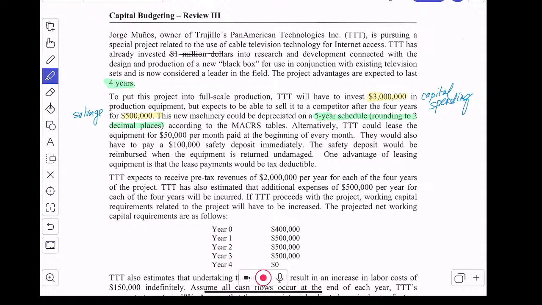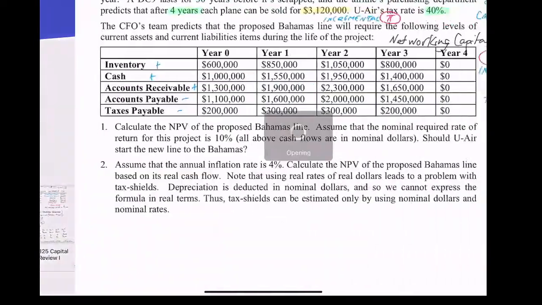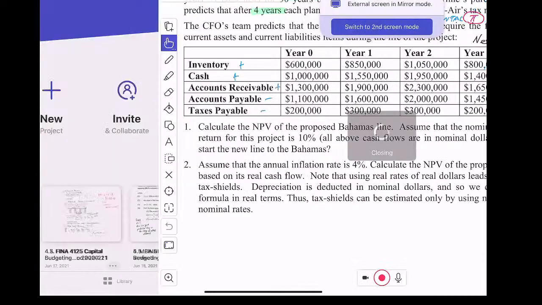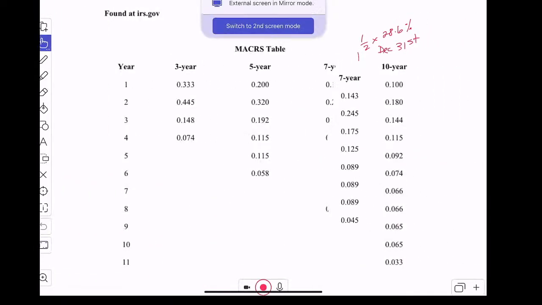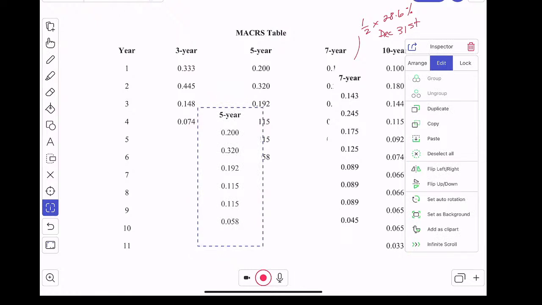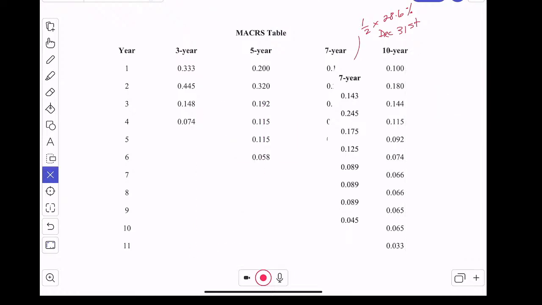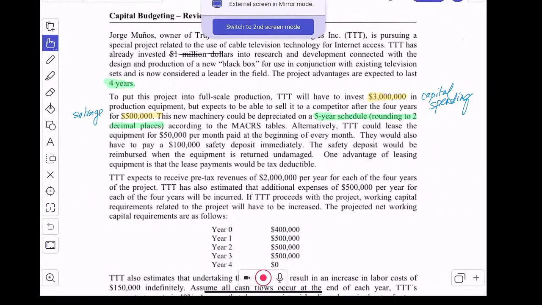So makers, if I go to makers, 5-year schedule, that's not it. This one. And so for this asset class, it's considered under 5-year depreciation. So I'll put it here.